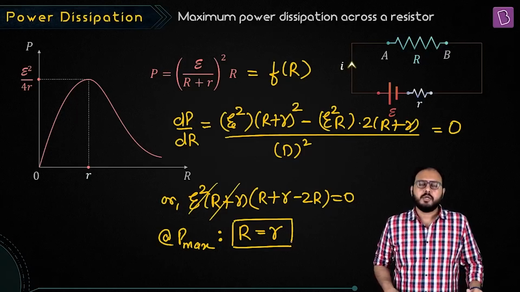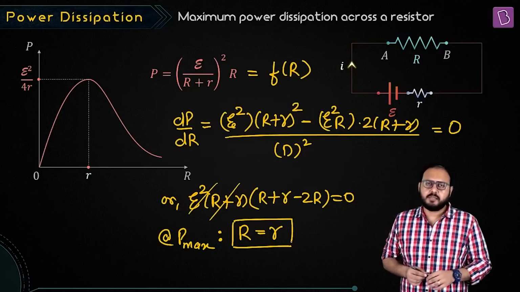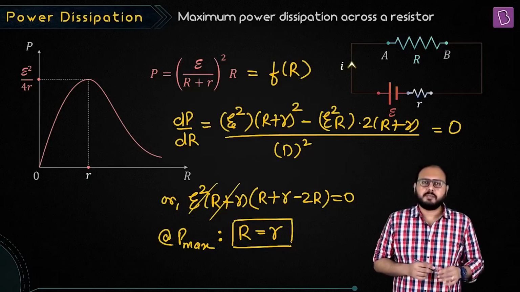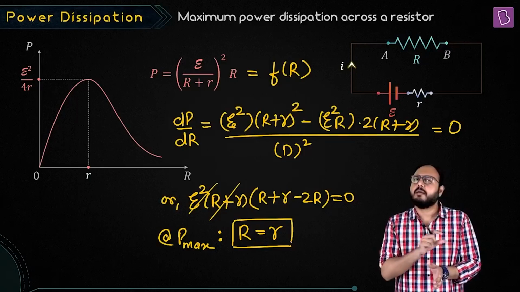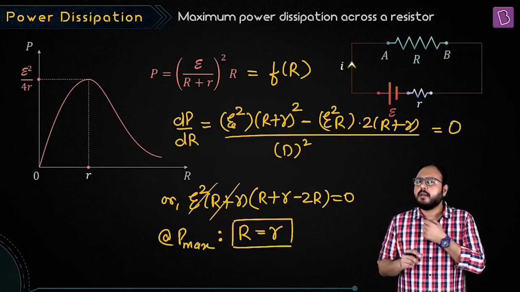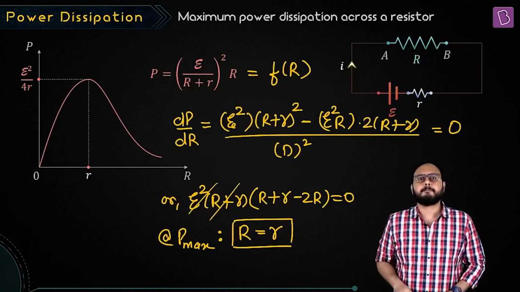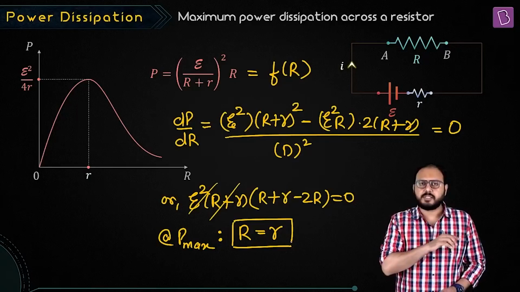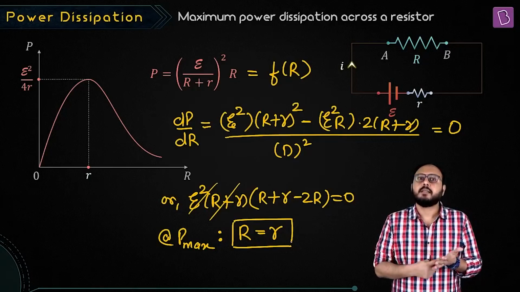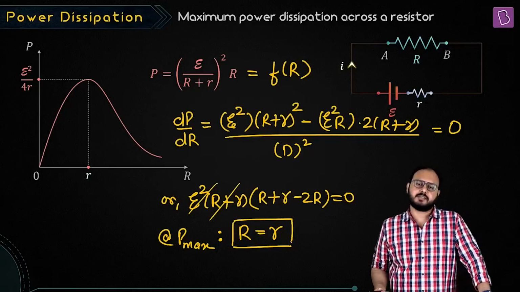What if E is constant and small r is constant but capital R is variable? Where will the maximum power across that rheostat come? When the external resistance matches the internal resistance of the cell.